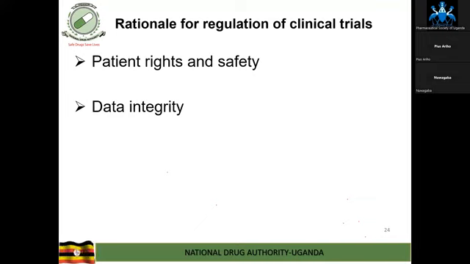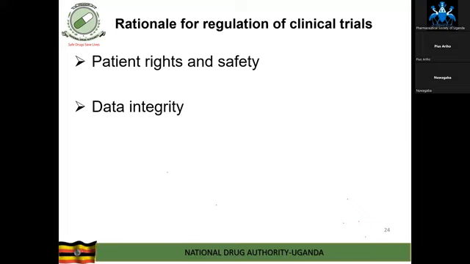For example, you know that diclofenac is used in pain relief, so you cannot subject patients to a clinical trial to see whether diclofenac is used for pain relief, because what you're trying to find out has already been established either elsewhere or already in this population.